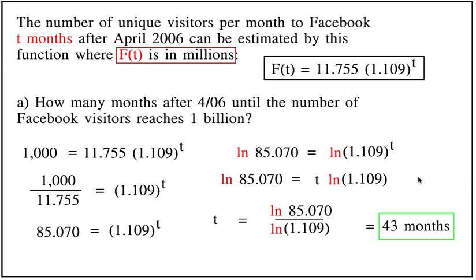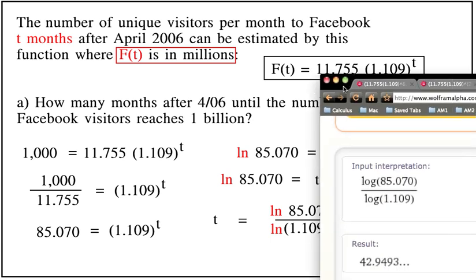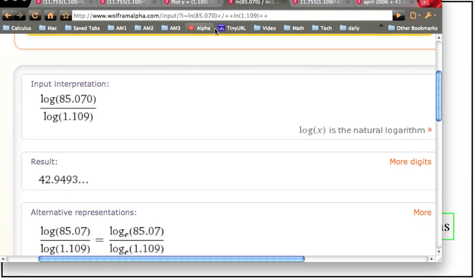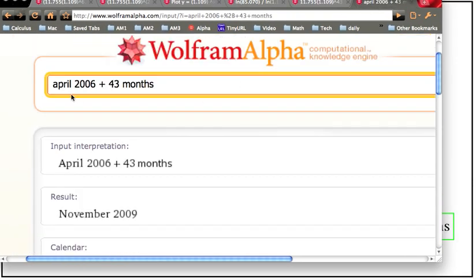The other part was actually figuring out exactly what year and month 43 months after April 2006 is. And I wanted to see if Wolfram Alpha could solve that for me and save me a lot of trouble. And so what I did is I typed in April 2006 and said add 43 months to that.